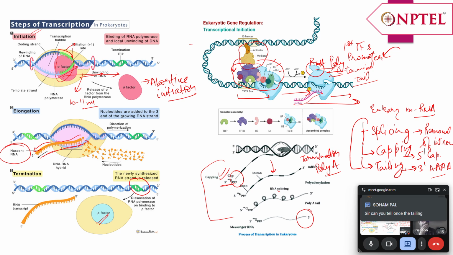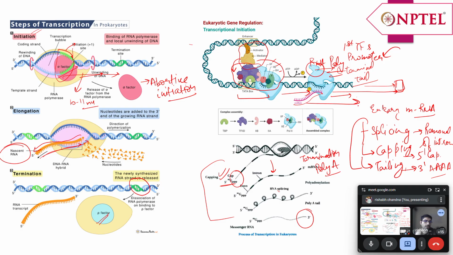Okay, so to save the 3 prime end of the RNA, there is a terminator region here also. That is a poly A signal. Whenever this particular RNA polymerase reaches that poly A signal, the tail recruits an enzyme, poly A polymerase, that adds the poly A tail to that particular RNA.